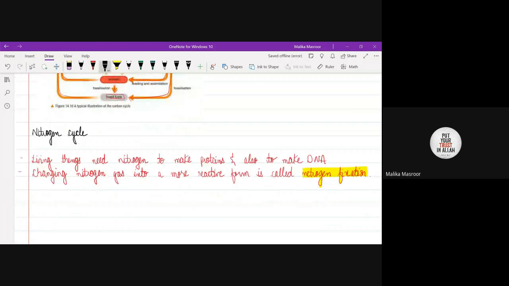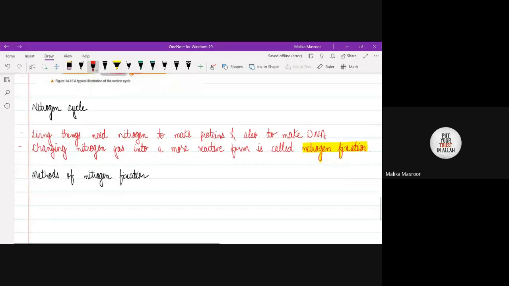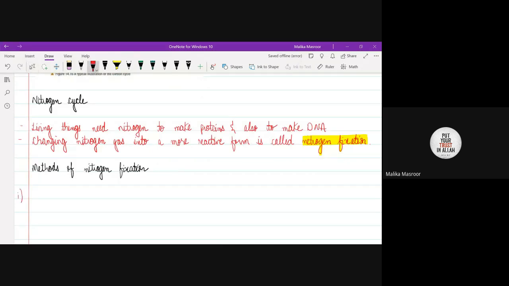Okay, now let's talk about some methods of nitrogen fixation. Firstly, I have lightning.